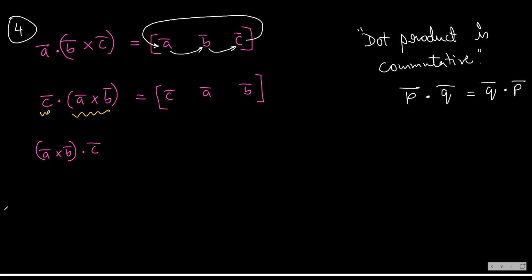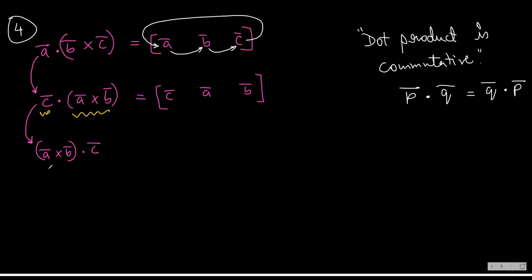Definitely yes, you can always write it this way. This and this are equal. And remember, even this is equal to this, because you obtained this only by the change in cyclic order.